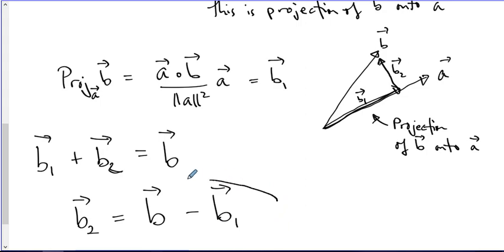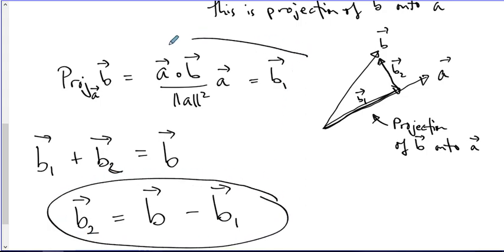This is a formula to find B2, and this is a formula to find B1. And in this way you can find both of the components of B, one parallel to A and one perpendicular to A. And again, whether it's 2D or 3D, this applies equally in both cases.